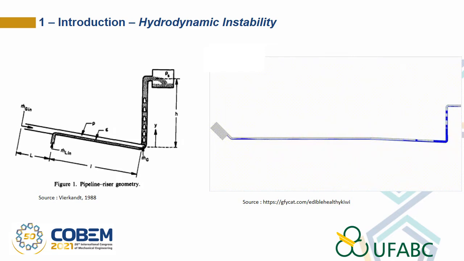An example of such instability is severe slugging. The movie illustrates the hydrodynamic instability. Notice that the gas passage from the pipeline to the riser is blocked during this intermittent flow behavior.